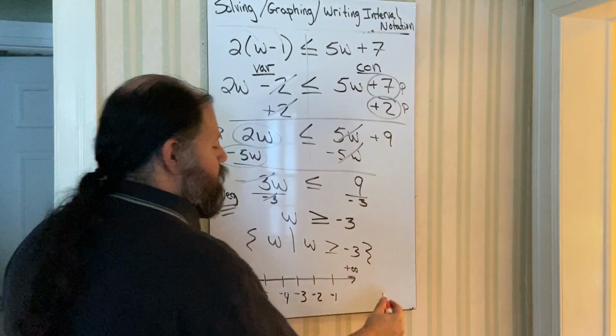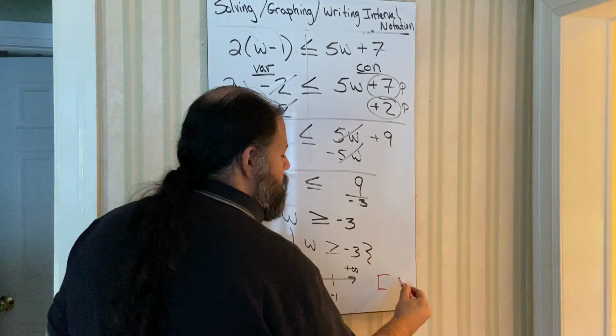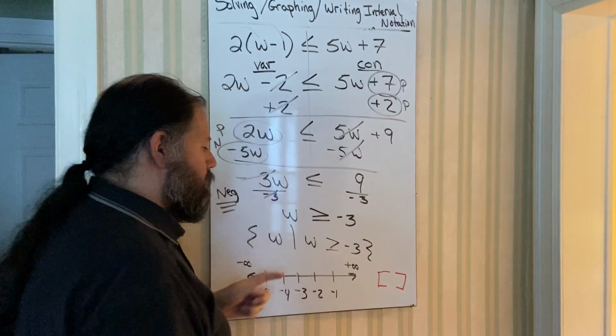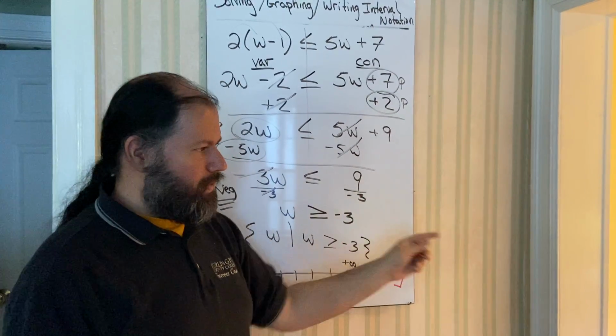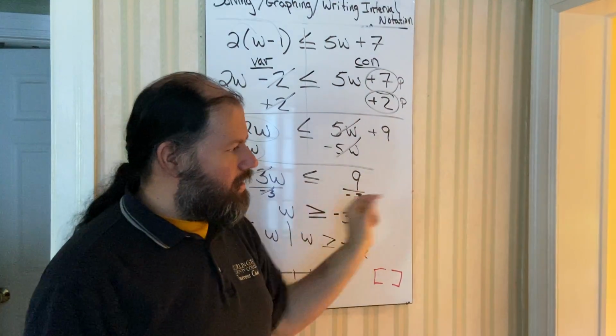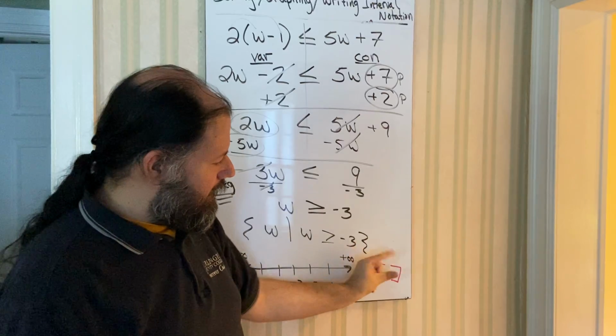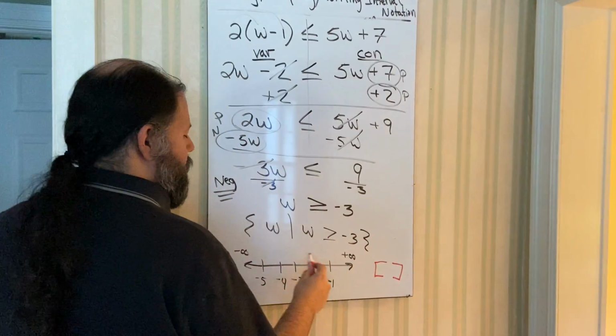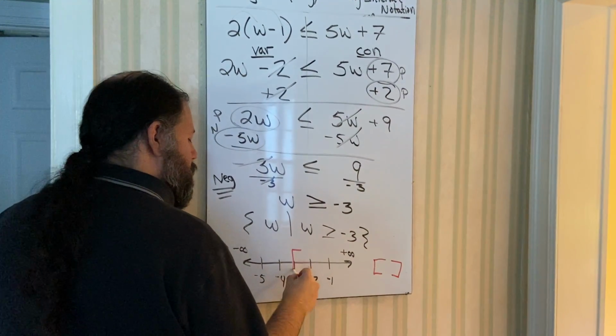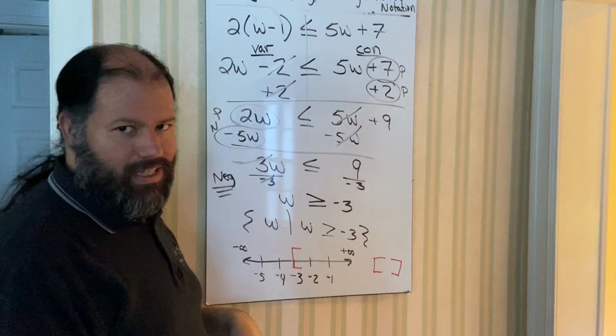So I know I'm going to use brackets, but which bracket do I use? Remember, I want it to open up like a Cookie Monster, eating it going in this direction. So I'm going to use this one because it's kind of like eating it in this direction. So at -3, I put a bracket like that.